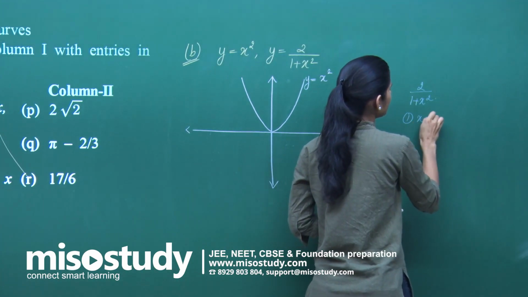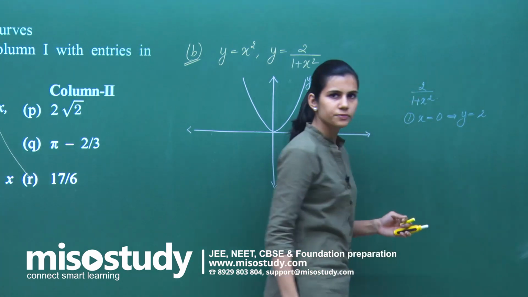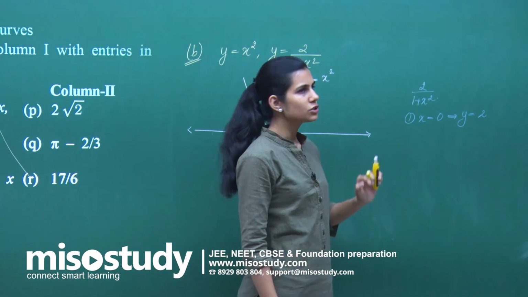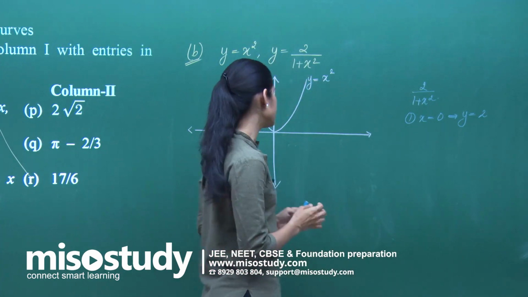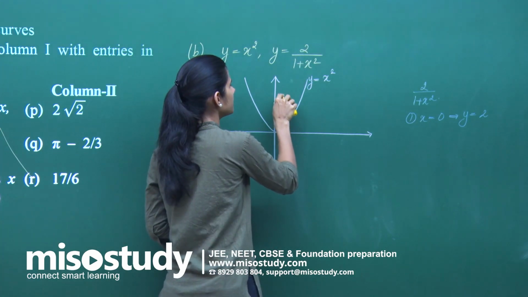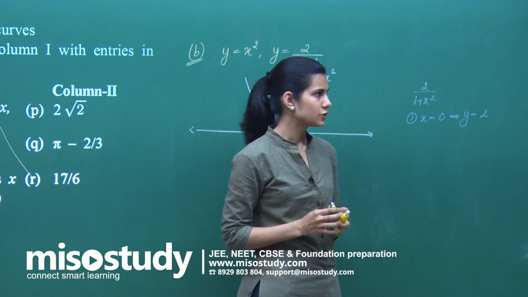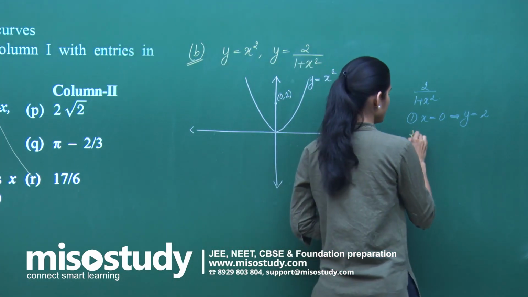First fact is, when you put x is 0, you get y equals 2 upon 1, which is 2. So 0, 2 is definitely a point lying on this curve. Say it is somewhere here. This is 0, 2. That is certainly lying on the curve 2 upon 1 plus x square.